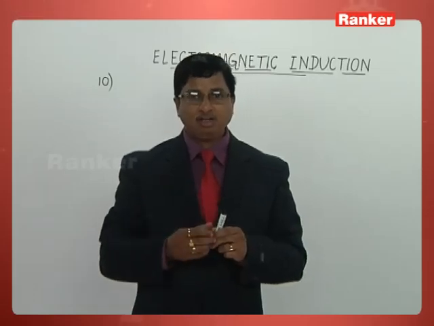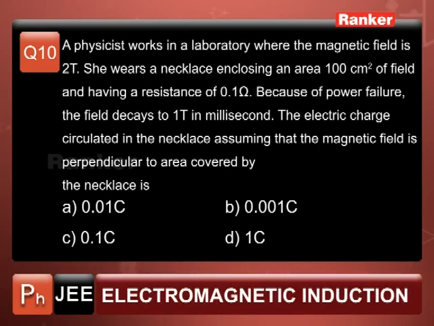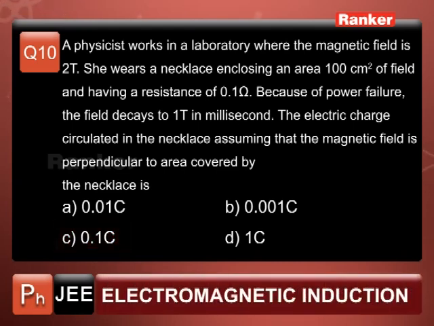So what can we understand here? Out of 4 options, he gave the first option as 0.01 coulomb, second option as 0.001 coulomb, third option 0.1 coulomb, and fourth option 1 coulomb. The correct answer for this one is C, which is 0.1 coulomb.